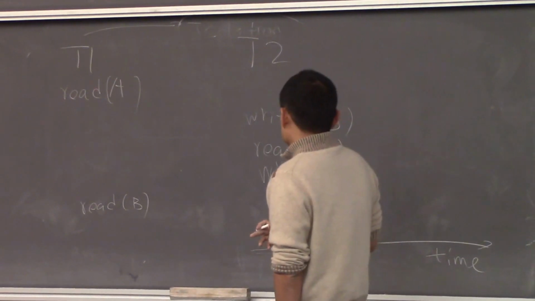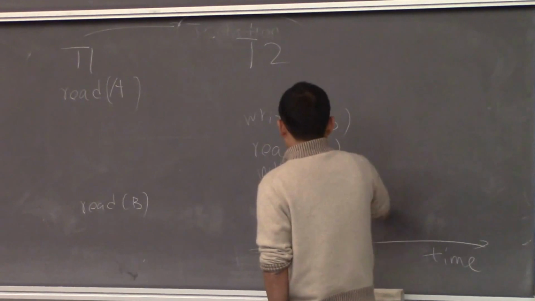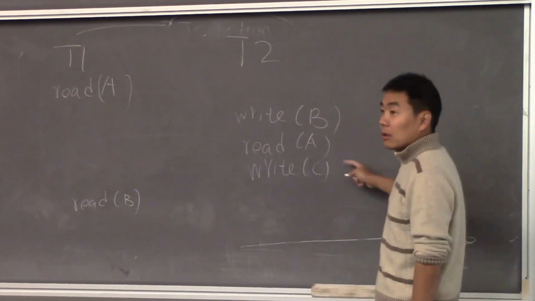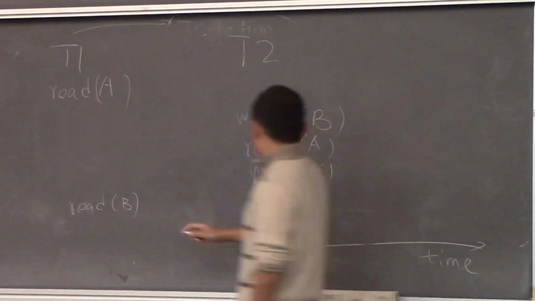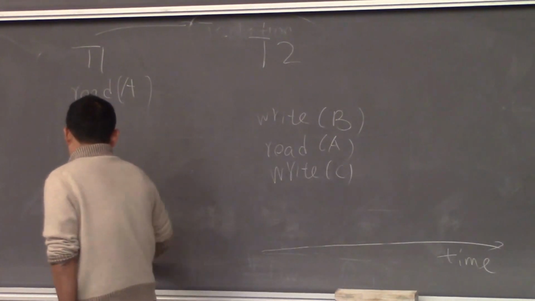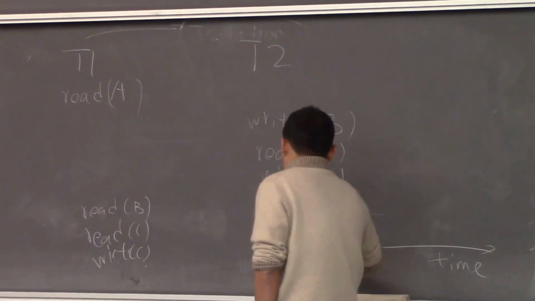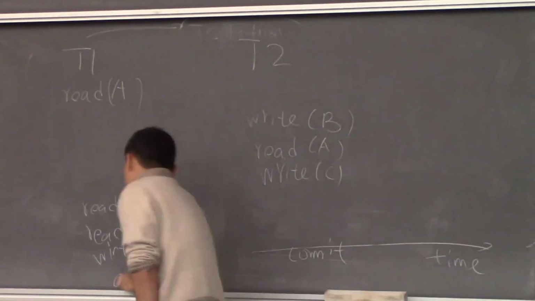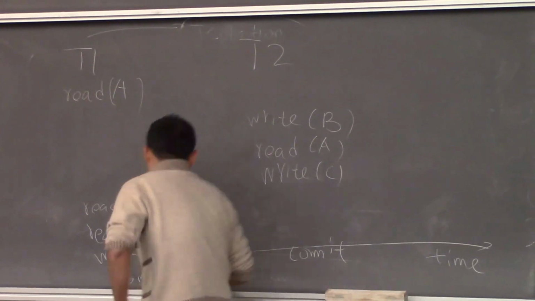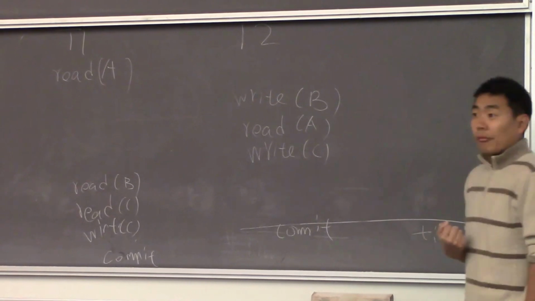I read the value, so I can write the value of C here. I write another value C. Then I update the value C. So here I commit. Here I commit. Okay, something like that.